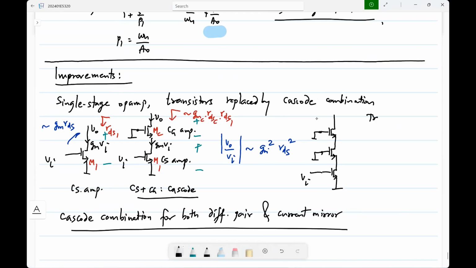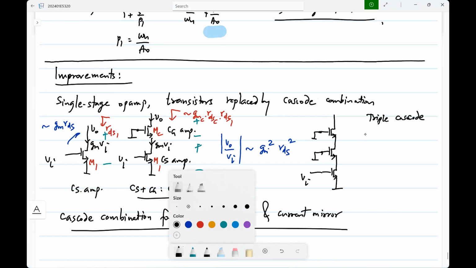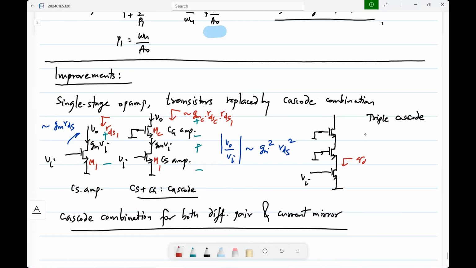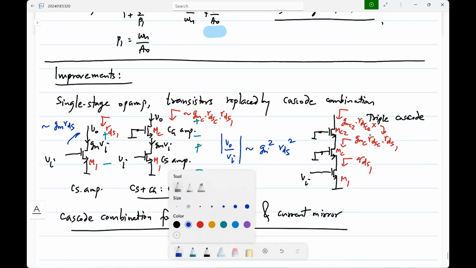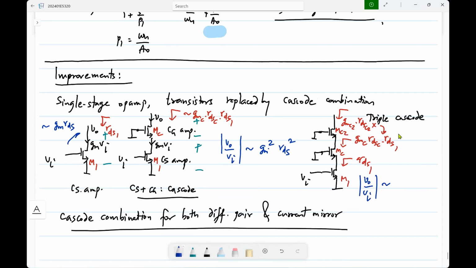Here looking into this you would get rds1, looking into this you would get gmc rdsc rds1, and looking into this you would get gmc2 rdsc2 times whatever you have there. So the overall gain would be the cube of a single transistor's gain.